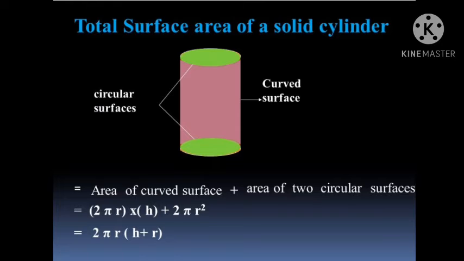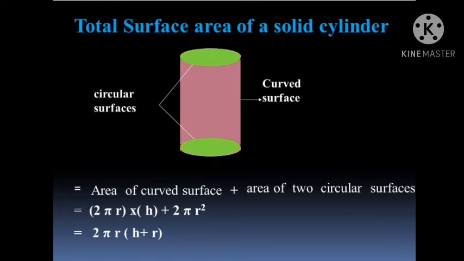Now the total surface area of cylinder is equal to curved surface area plus area of the top plus area of the base. That is curved surface area plus area of the two circular surfaces. We know that curved surface area is 2 pi r h plus area of two circular faces. We know that area of circle is pi r square.